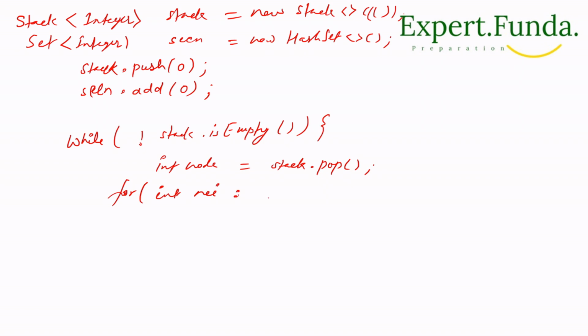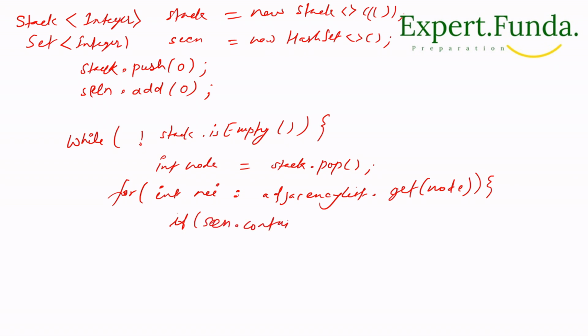It will come from the adjacency list dot get node, and we will get all its neighbors. Now we check a condition: if seen dot contains nei, the neighbor. Then what will we do?